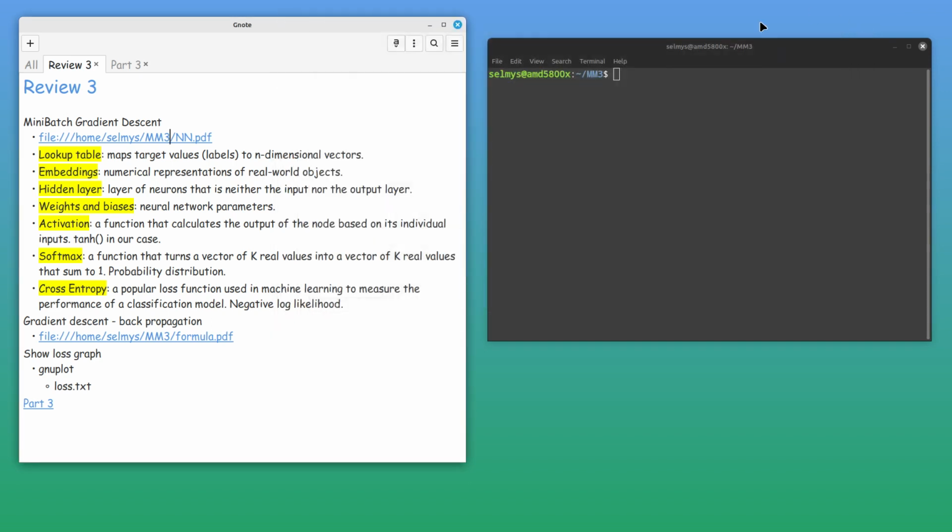Okay, so we've done that. And I just wrote down some of the, not real definitions, but just a sentence that explains a little bit about what these terms are that we've used so far. Lookup table, it maps the target values of the labels to n-dimensional vectors.